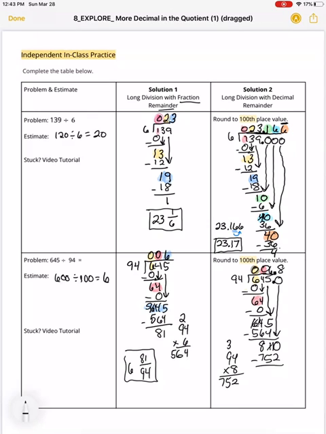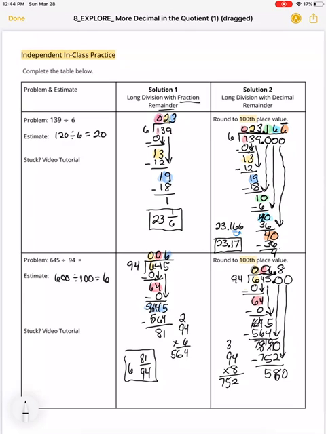I'm gonna borrow, so 8, and this is going to be 5. Sorry, that's kind of hard to read. And again, I'm going to add a 0 and bring it down.